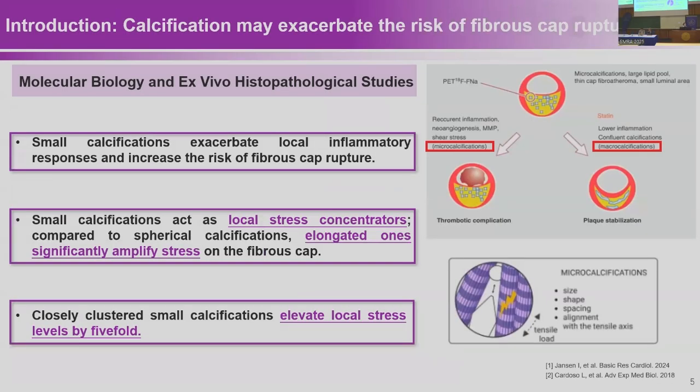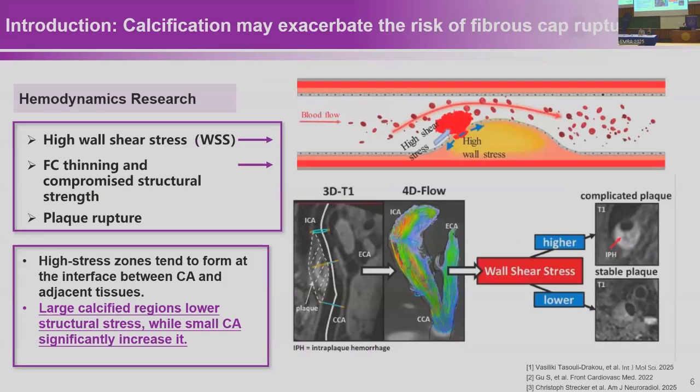In molecular biology and ex vivo histopathological studies, it's already found that small calcifications can act as local stress concentrators and further increase the risk of fibrous cap rupture. Also in hemodynamics research, which indicates that high wall shear stress can lead to plaque rupture, small calcified regions are found to increase the wall shear stress, further triggering plaque rupture.